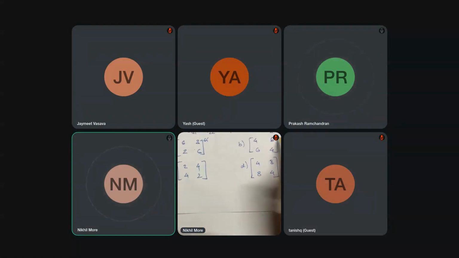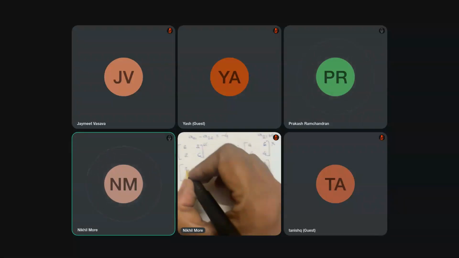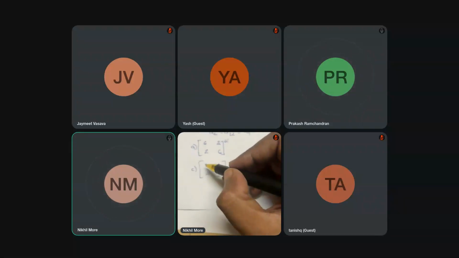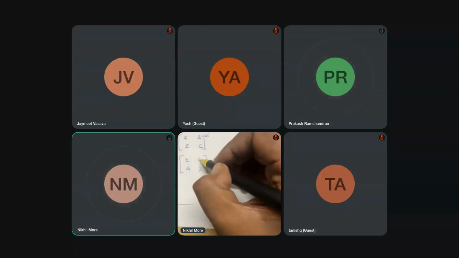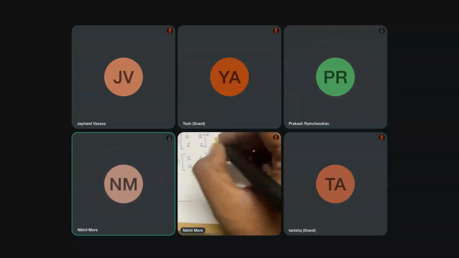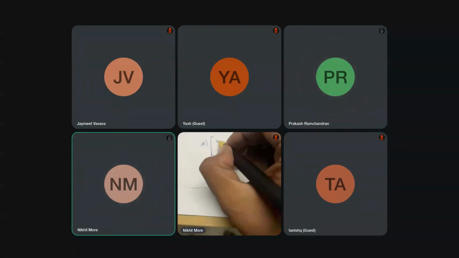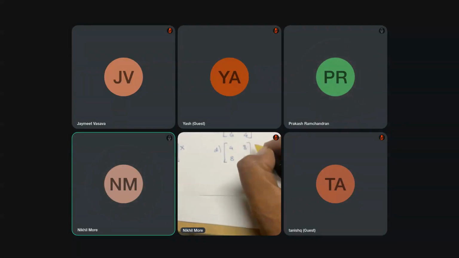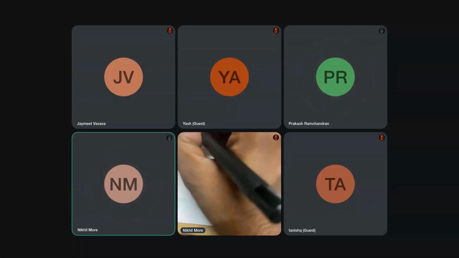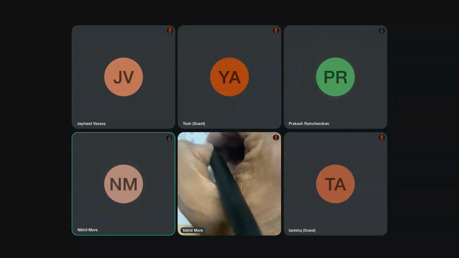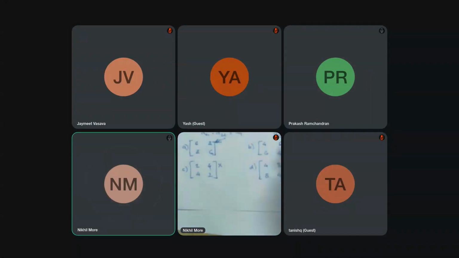In option B, 4 minus 6 won't give you 4, so this does not qualify. Option C says 2 and 4, the difference is minus 2, so again this does not qualify. In option D, 4 and 8 also gives you minus 4, so this also does not qualify. So the correct answer should be 6 2 2 6, that is option A.